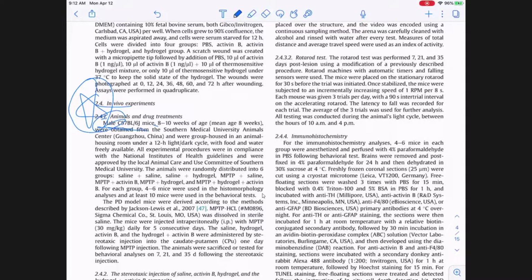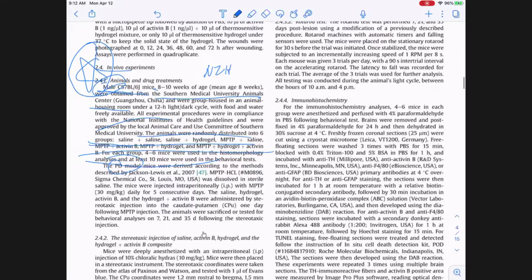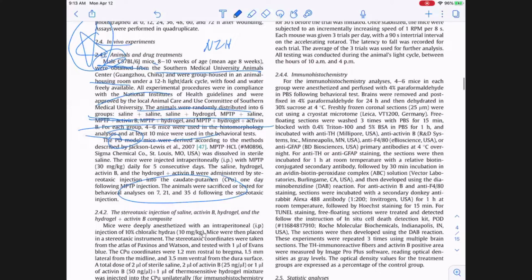And meanwhile, we need to have ethical approval, with an ethical protocol, for example, following the NIH protocol. How many groups you will make, that we will make a Parkinson's disease model for research, and how many days you will conduct your research.